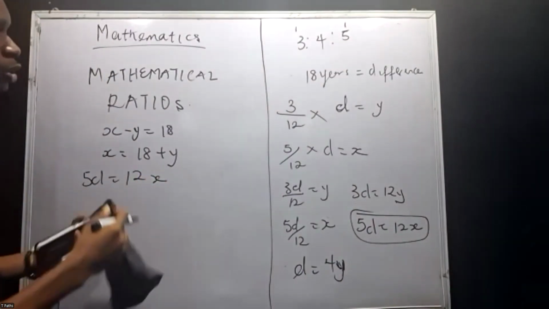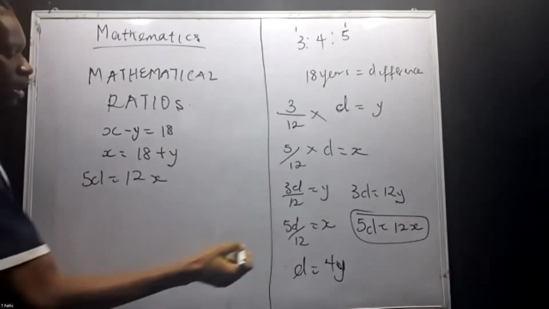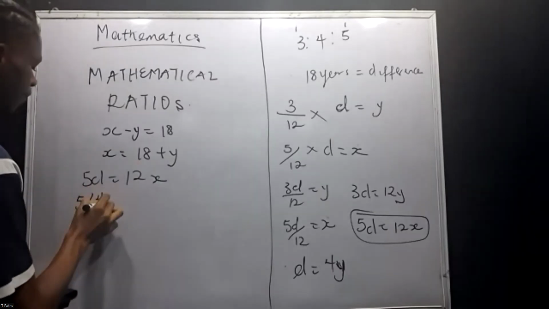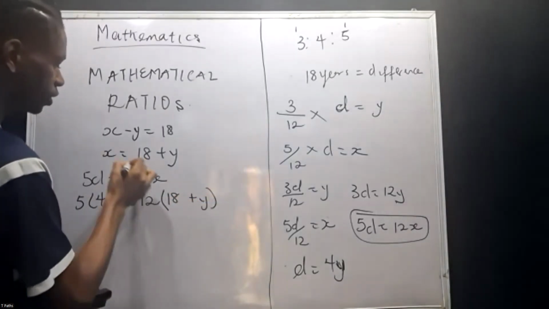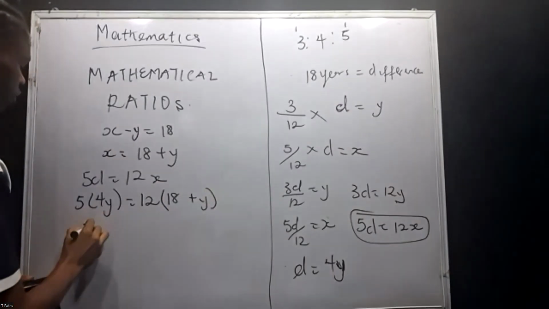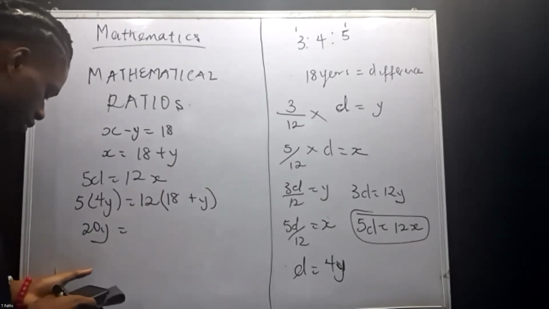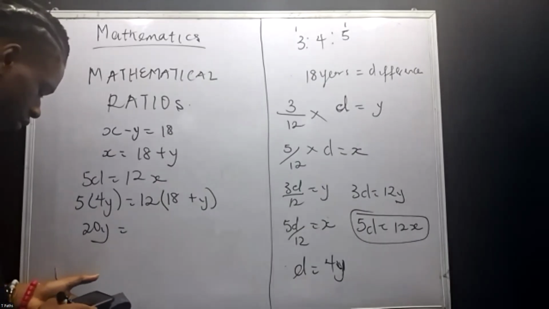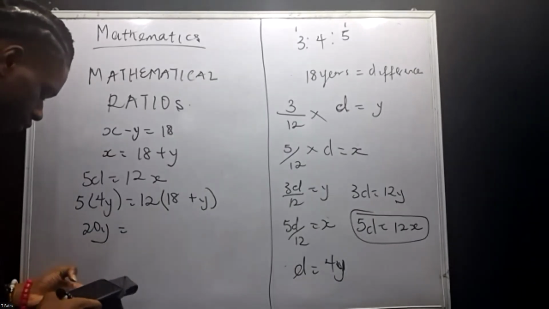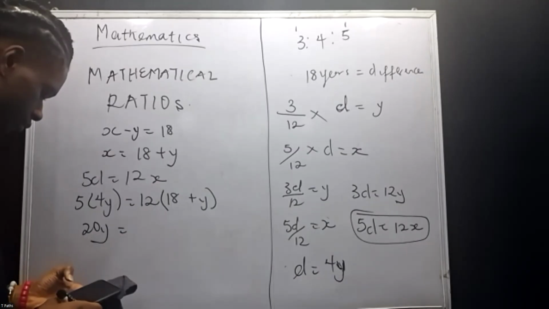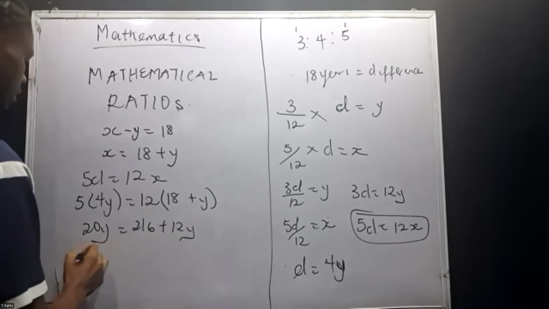Now D is 4Y, so I'll say 5 multiplied by 4Y is equal to 12 multiplied by 18 plus Y, because X is 18 plus Y. So I'll have 20Y is equal to 12 times 18, that's 216, plus 12Y.